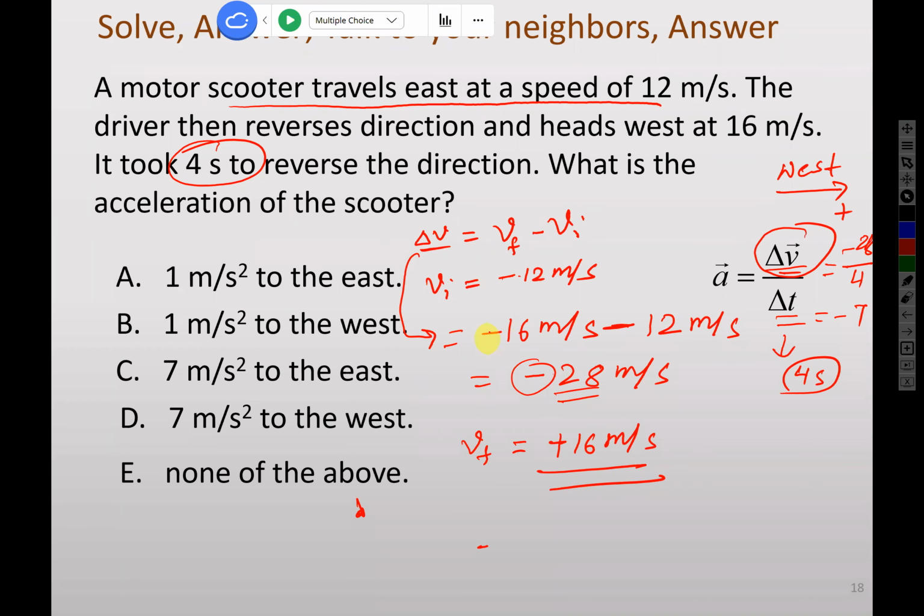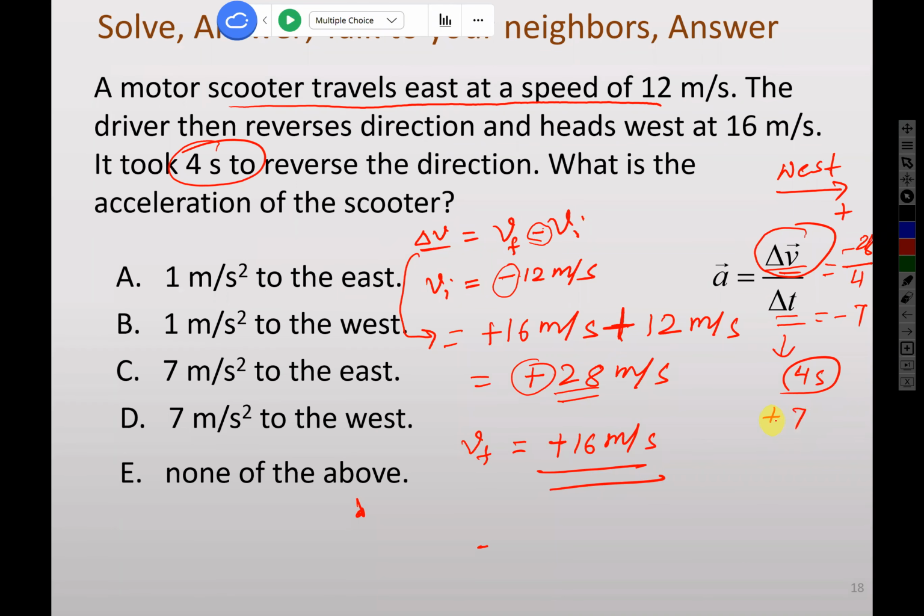Now my vF is positive 16, and there is one negative sign in the formula and another negative sign in the number. So negative times negative becomes positive. So both of these are now positive and it becomes positive 28. So the answer would be positive 7.